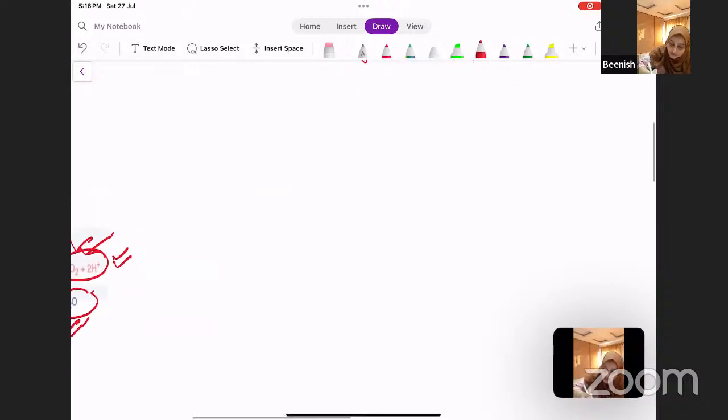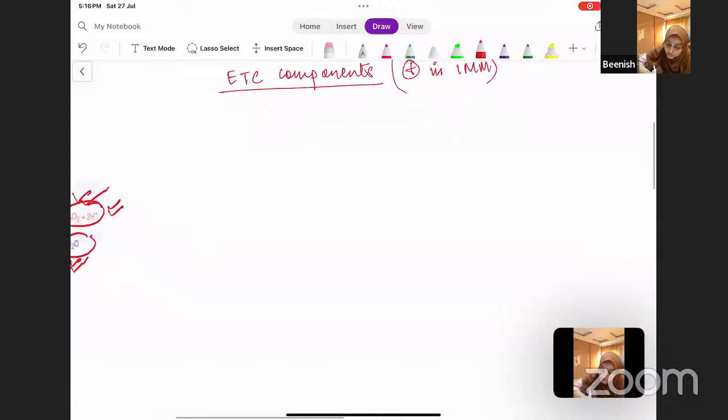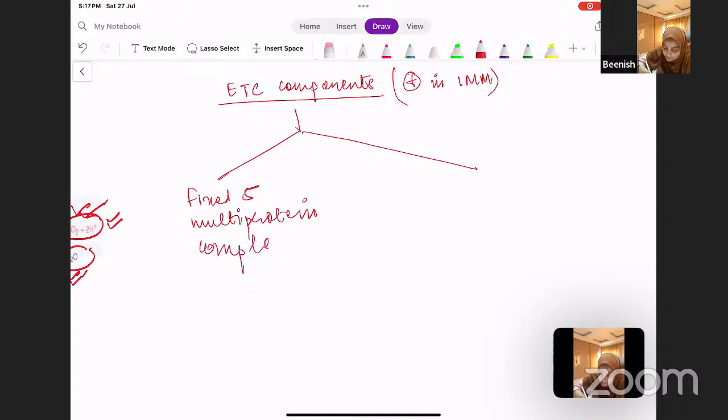Now let's talk about the components of the electron transport chain. So your electron transport chain is present in the inner mitochondrial membrane. I'm writing that in short as IMM. Okay. So what are the components of the electron transport chain? It consists of five multi-protein complexes.